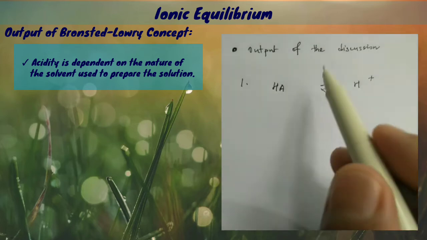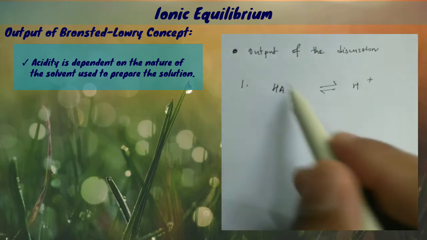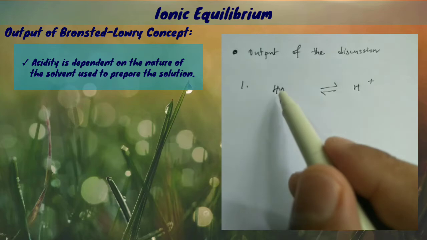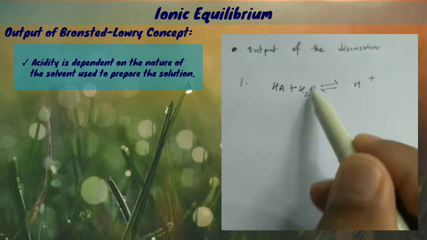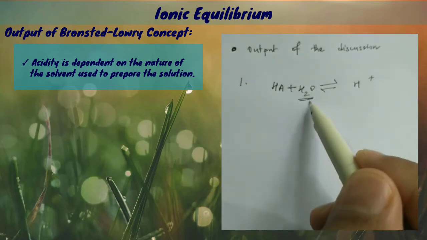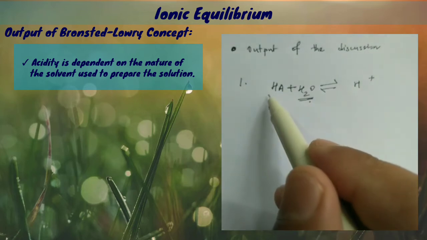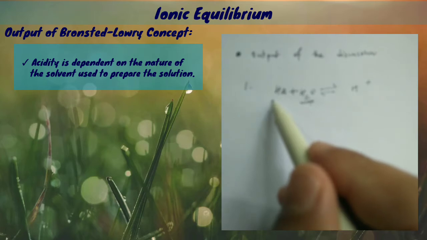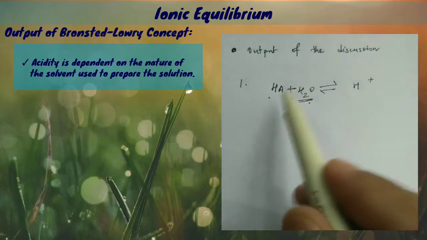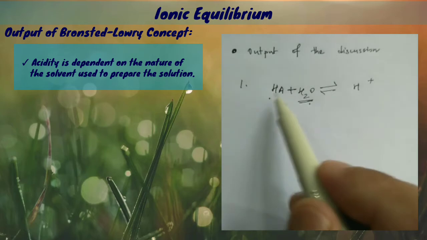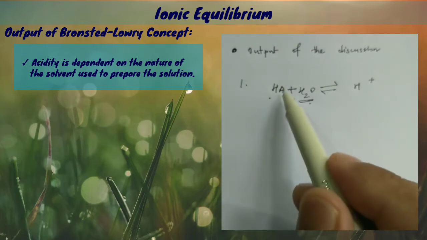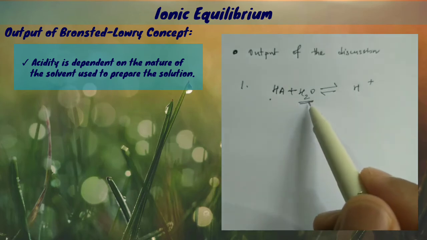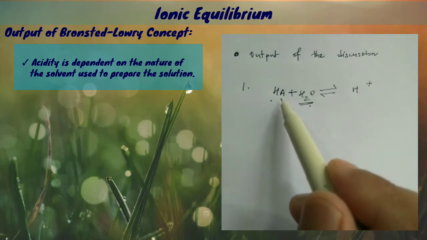But the nature of this substance, whether it will act as an acid or a base, depends upon the other substance, that means the substance in which it is added. Let's suppose this is your acid, say HA. I don't know whether this is an acid or base, but suppose this water can accept an H positive ion from that substance.